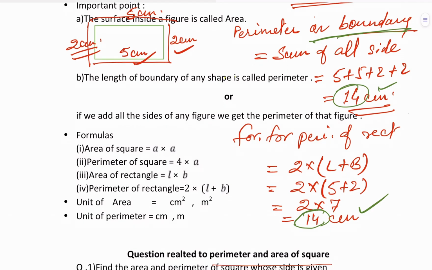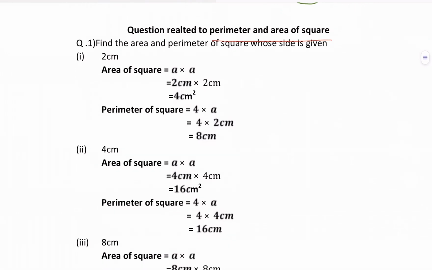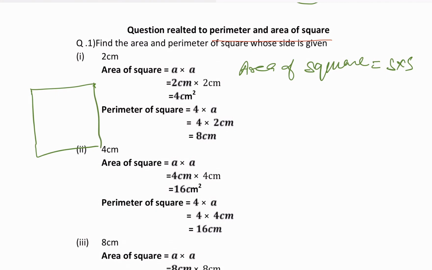Now come to area and perimeter of a square. Area of a square is side into side. You all know this is a square and it has 4 equal sides. Let one side of the square be 5 centimeter, then all sides will also be 5 centimeter.